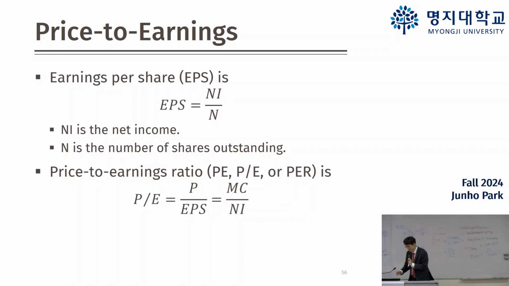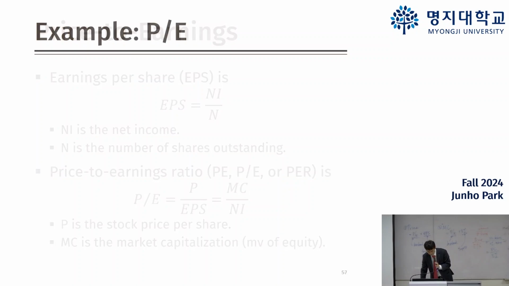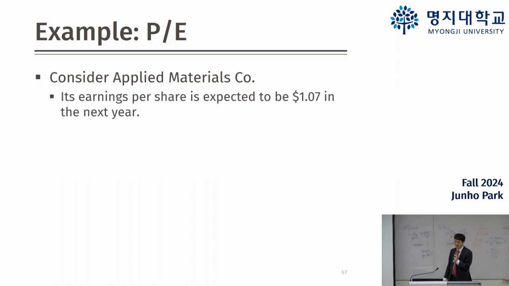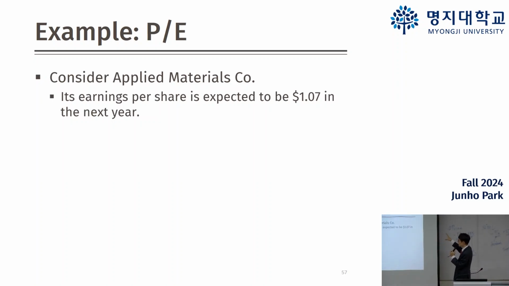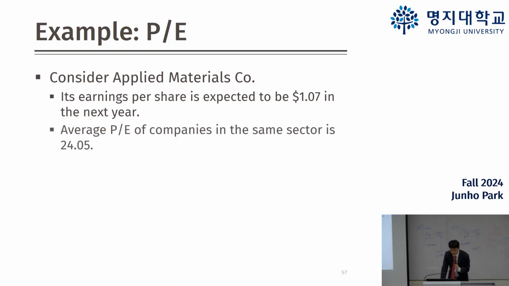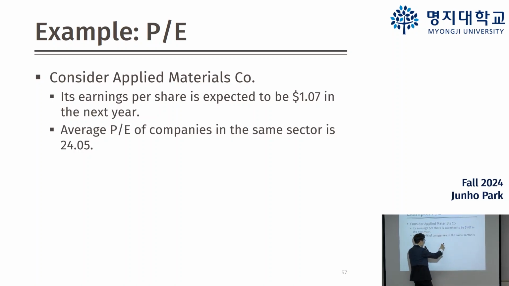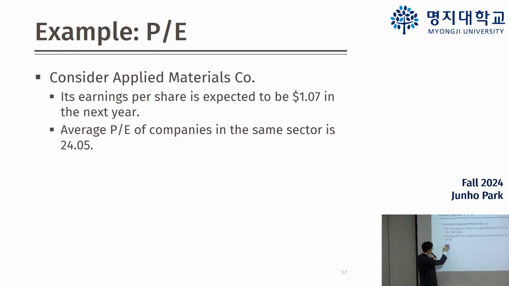So let me give you an example. There is a company named Applied Materials, and its earnings per share is expected to be $1.07 in the next year. So this is the target pro forma, and then we also have the benchmark information. The average PE ratio of the companies in the same sector is 24.05.